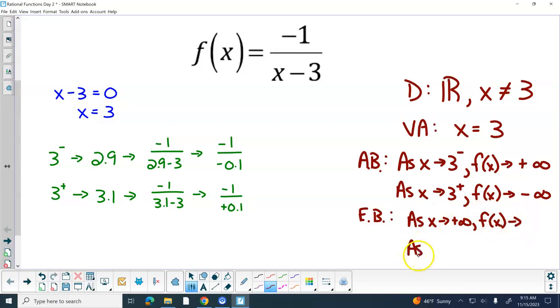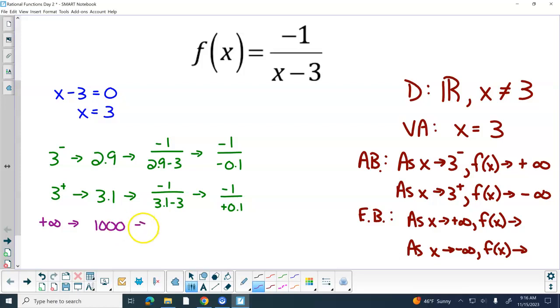And as x goes to negative infinity, what's my function going to? Okay. So we need a really, really big number. I don't know, 1,000? Pretty big. Okay.